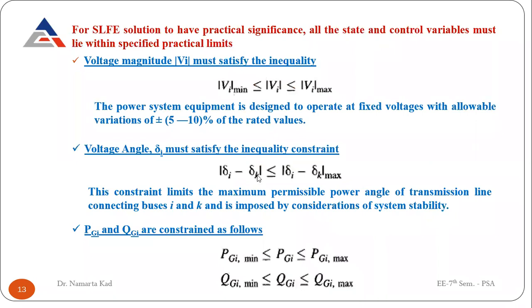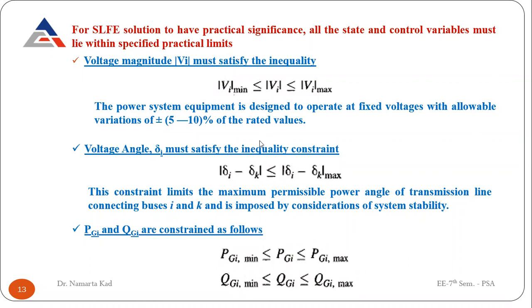Now, some constraints are also there. That means some limitations are also there for these equations. For a static load flow solution to have practical significance, all the state and control variables must lie within the specified practical limits.